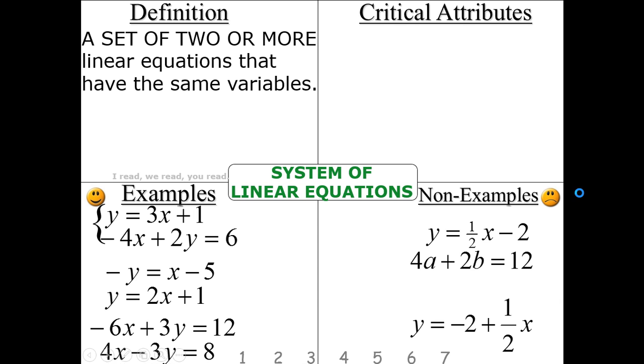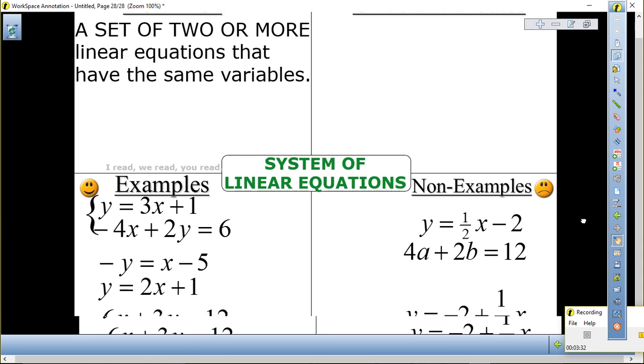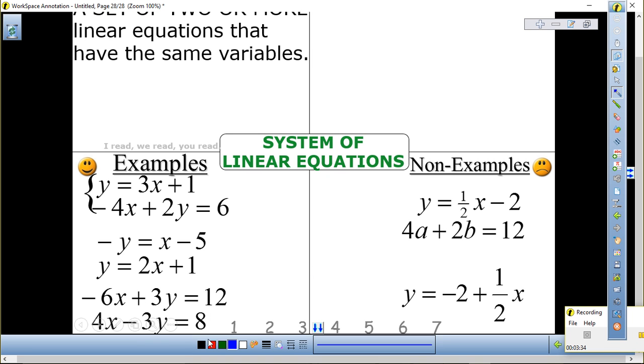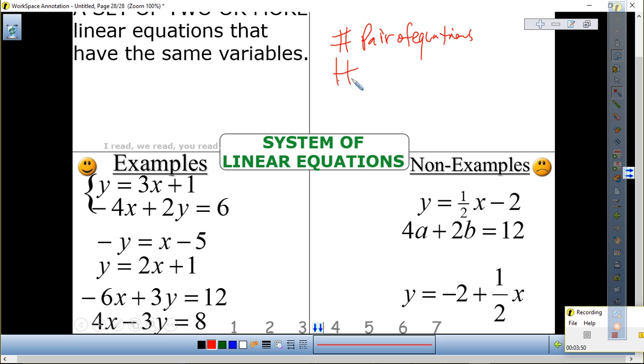All right, let's get some hashtags here. What would clear it up for people about systems of equations? Hannah, hashtag pair. Pair what? Of equations. There you go. How about Matthew?